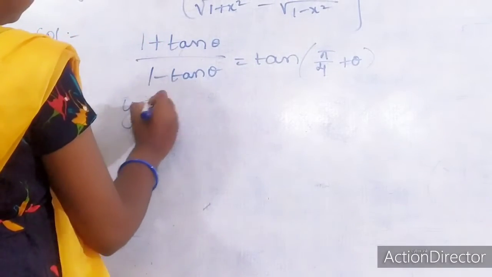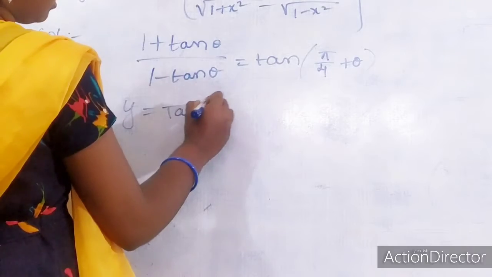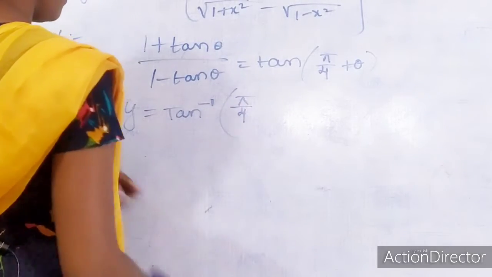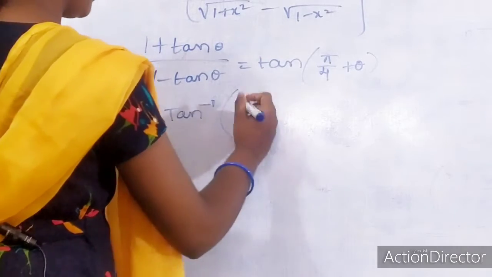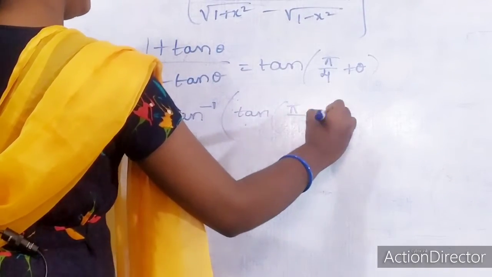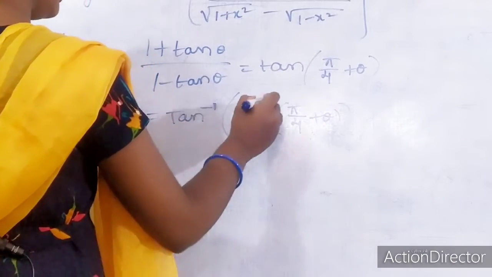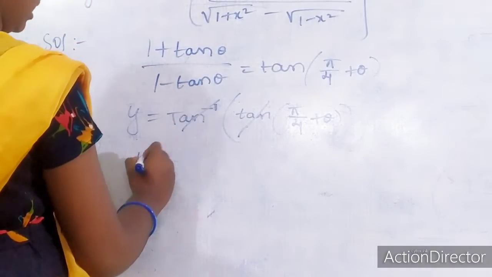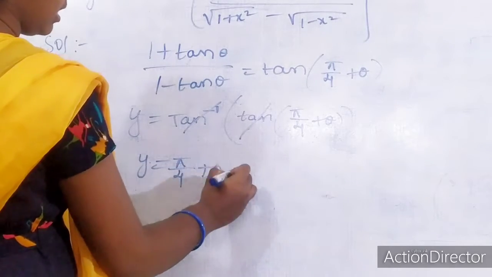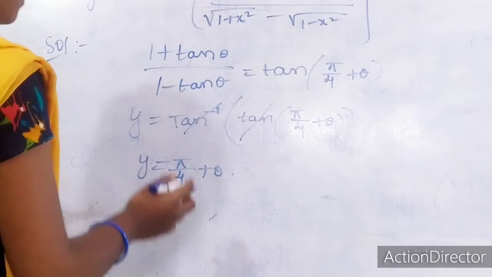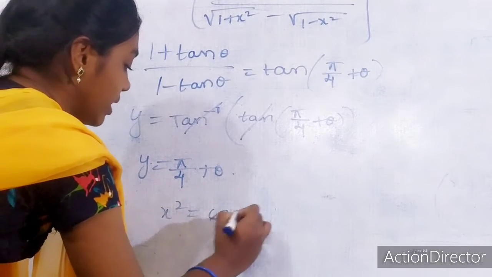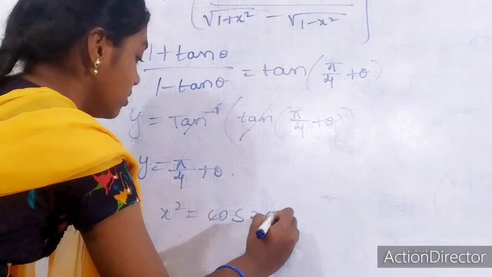So y is equal to tan inverse of tan of pi by 4 plus theta. Here tan and tan inverse get cancelled. So y is equal to pi by 4 plus theta. From the starting of the question, we have assumed that x square is equal to cos 2 theta.